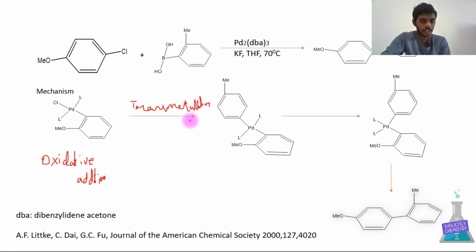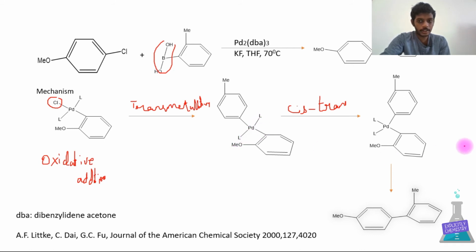In the transmetallation, the Cl and the boronic complex are eliminated, forming this complex. This boronic acid group is attached here and this Cl minus is also removed. After this, the cis-trans isomerization happens.